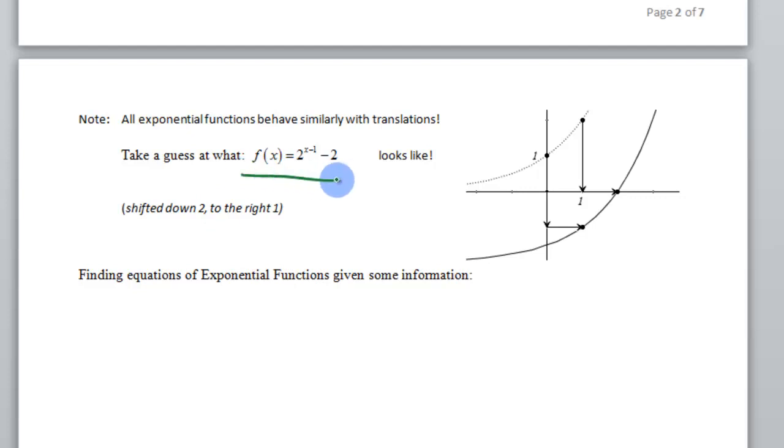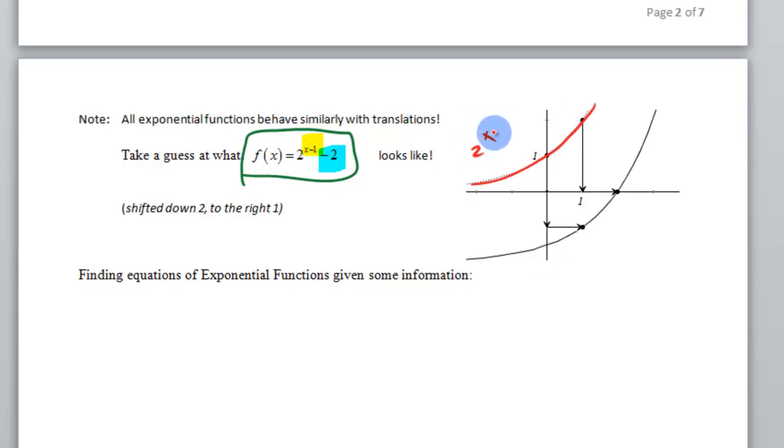Let's look at an example showing you that. Notice this, f of x equals 2 to the x minus 1, minus 2. Well, if you remember correctly, the x minus 1 part right in there moves things to the right 1 unit because it's affecting the x directly. And then this minus 2 part at the end moves things down because it affects the y, it affects the output. So we started with the graph 2 to the x, that's the graph right there.